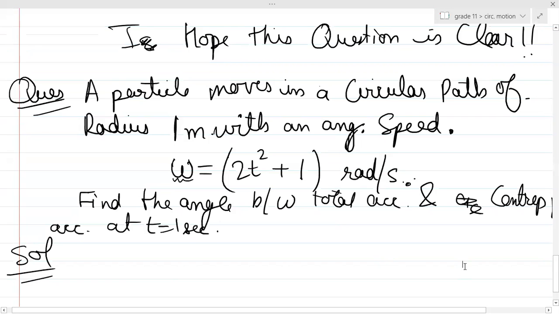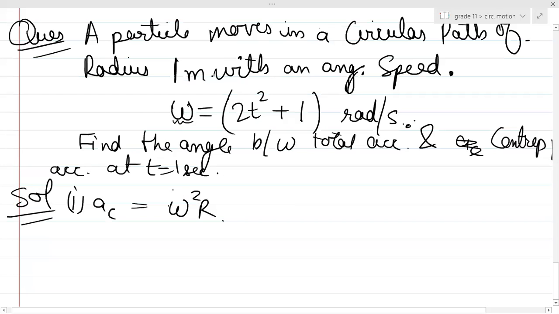Yes, how will you do it? Do it one by one. First of all, let's calculate AC, centripetal acceleration. We know centripetal acceleration is nothing but what? Omega square r. Yes or no? Do you know these formulas or not?